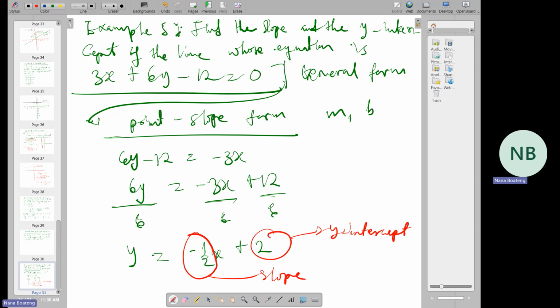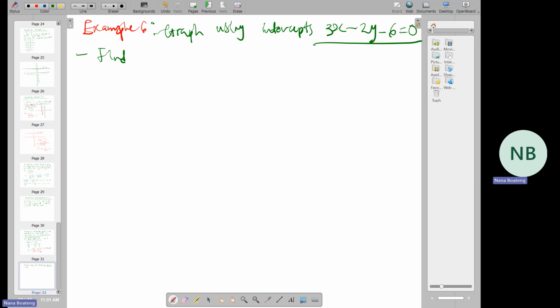So the steps that we are going to take in graphing this line is first of all to find the x-intercept.